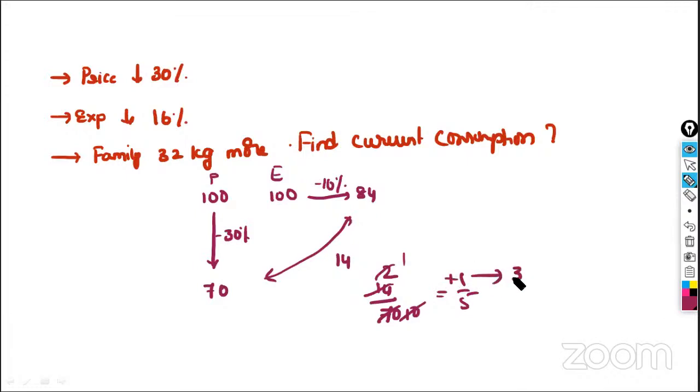That means 1 part is 32, then 5 parts is how much? 5 30s, 150, 5 2s, 10, 160. He was asking for the current consumption, right? So 160 plus 32, how much? 192. Is it clear, all of you? Done. So next one.